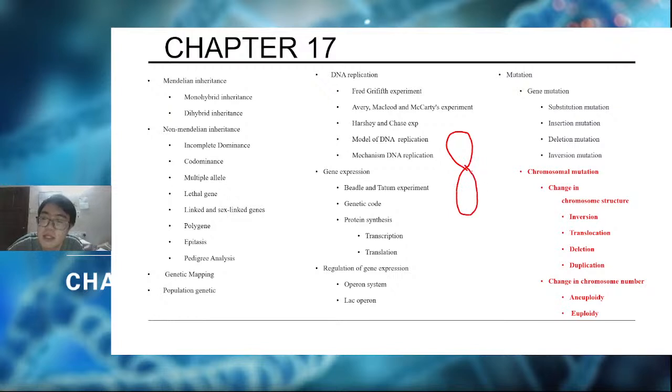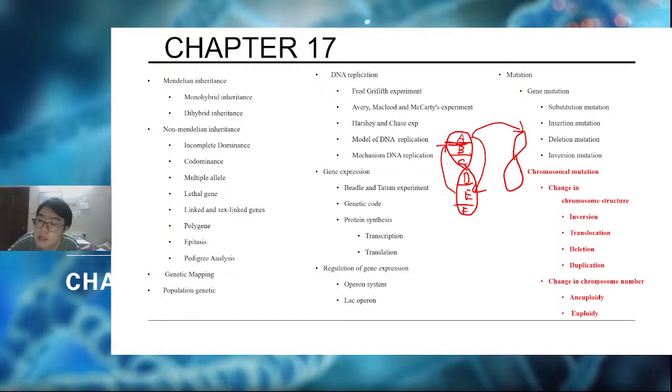Change in chromosome structure means that one chromosome actually contains many genes, like A, B, C, D, E, F. These are the genes present in the chromosome. Change in chromosome structure means the structure of these genes is changed. Maybe A changes to here, E changes to here, or it changes to another type of chromosome. This is what you will learn.